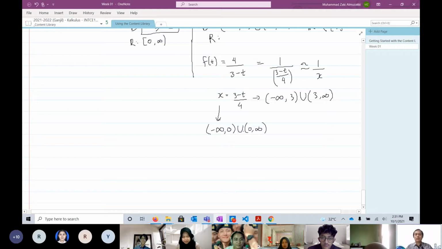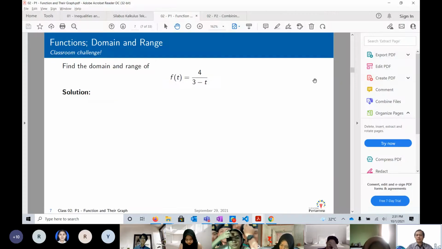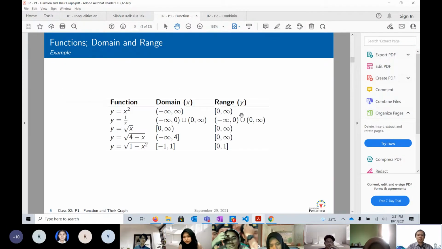When t equals 3, we have x equal to 0, meaning that we can transform this domain into something like this. And we know that for this function, the range is here: everything except 0.